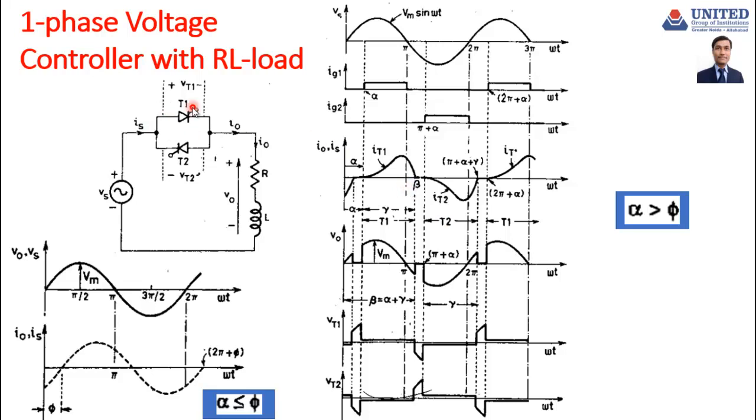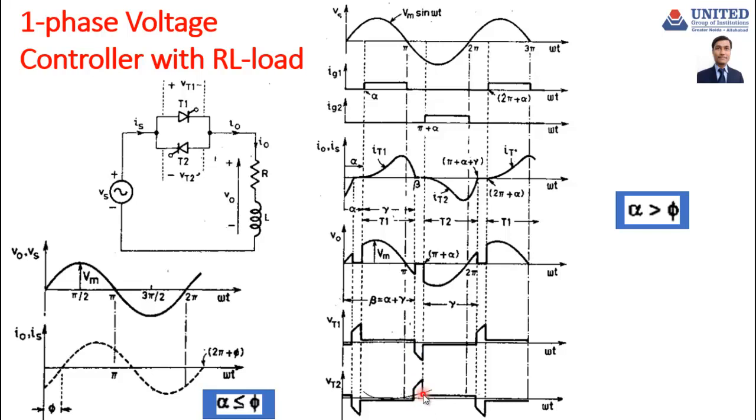After the commutation of T1 at beta, a voltage of magnitude Vm sin beta at once appears as a reverse bias across T1 and as a reverse bias across T2. So from beta to pi plus alpha, no current exists in the power circuit. Therefore V naught is equal to 0, Vt1 is equal to minus Vs, and Vt2 is equal to plus Vs.